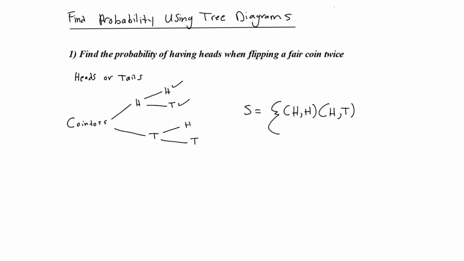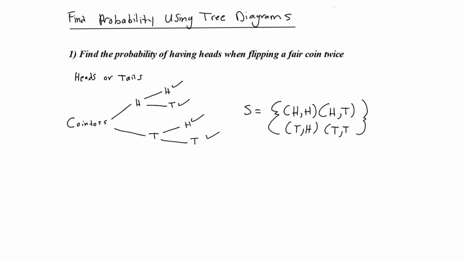We can also have a tail and a head, and a tail and a tail. So these are our possible combinations, and in total, there are 4 possibilities.